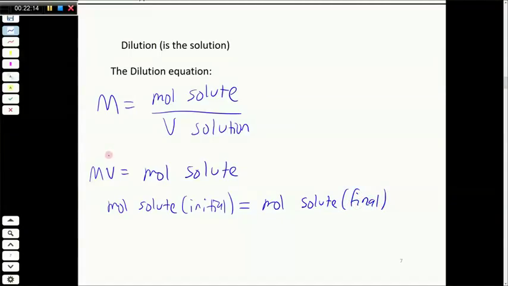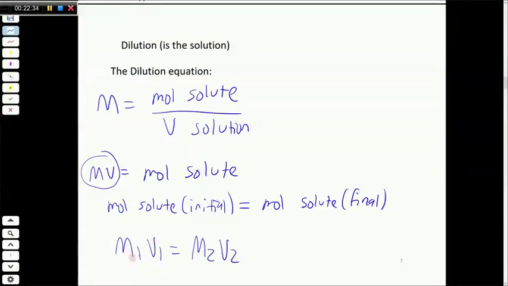And so we're going to take this product of molarity and volume for the initial solution we have, and then set that equal to the product of molarity and volume for the final solution, because the moles stay the same. And so the familiar dilution equation becomes M1V1 equals M2V2.